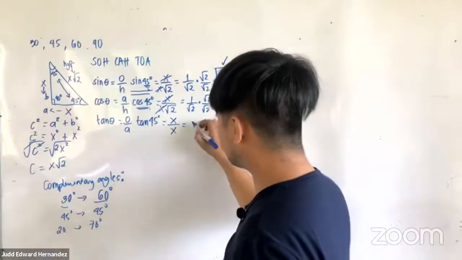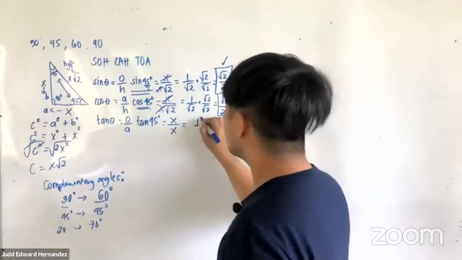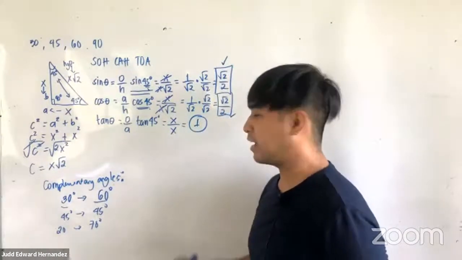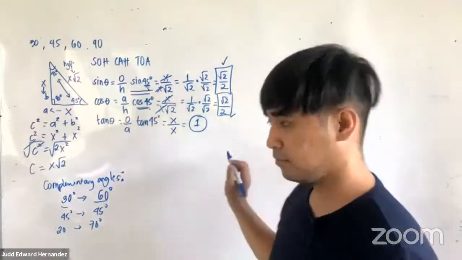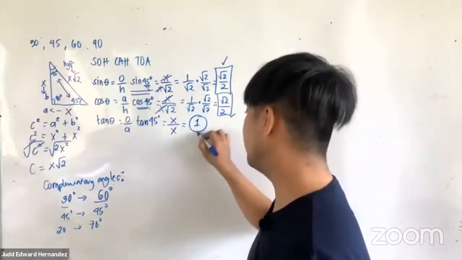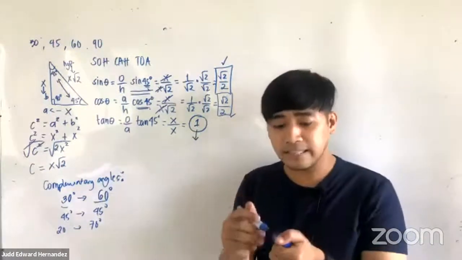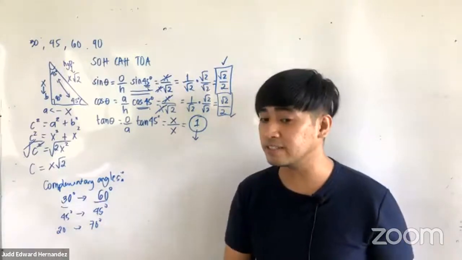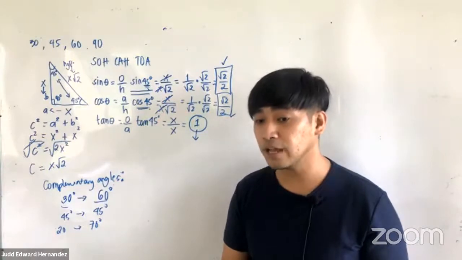And what is x over x? 1. Could you please try checking your calculator? What is tangent 45? 1 po. Okay. Simula ngayon, wag mo nang kakalimutan si tangent 45. Because when we have tangent 45, that is equal to 1. Okay, wag mo nang kakalimutan yun, ha?